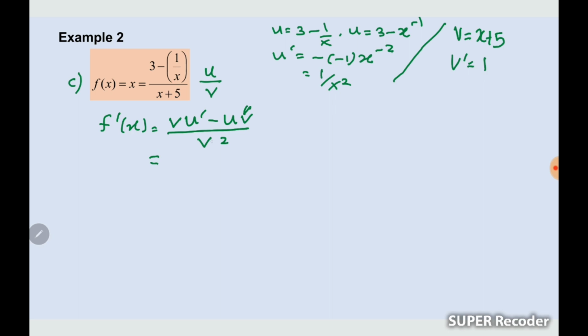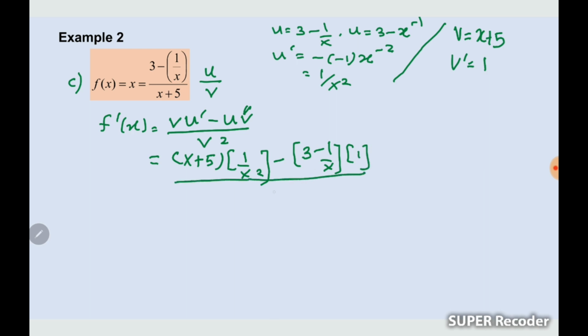For v and u prime first, v is x plus 5, u prime is 1 over x squared, minus u, which is 3 minus 1 over x, times v prime, which is 1, divided by v squared, that is x plus 5 squared.